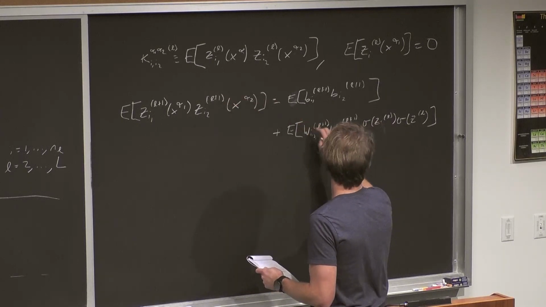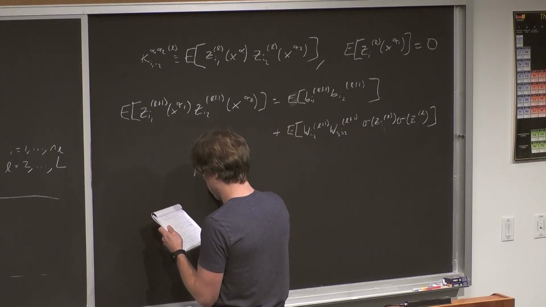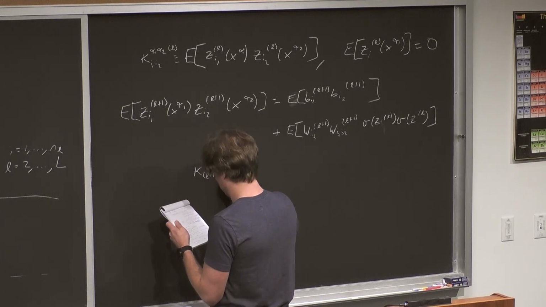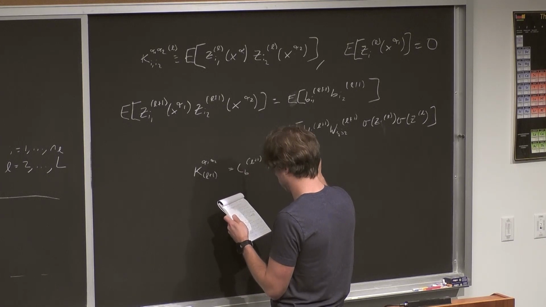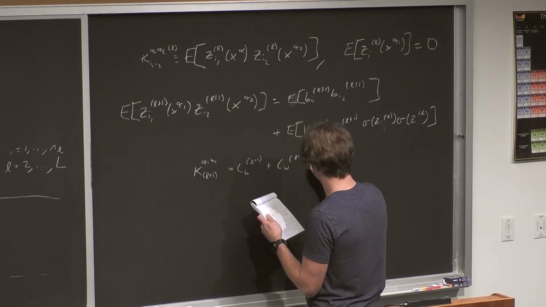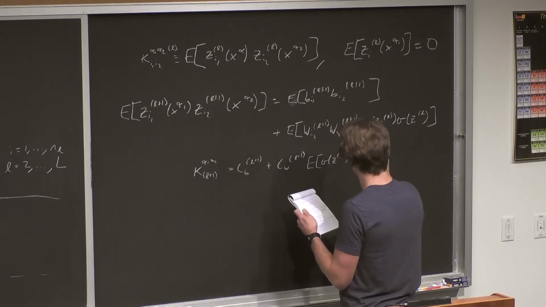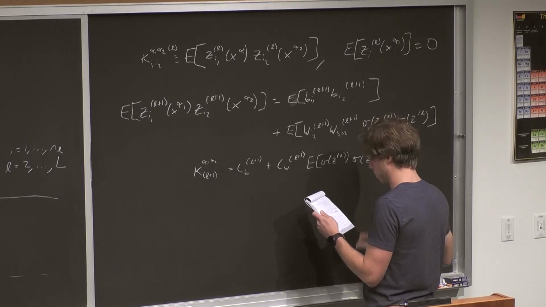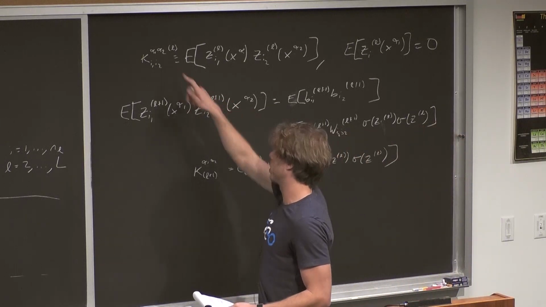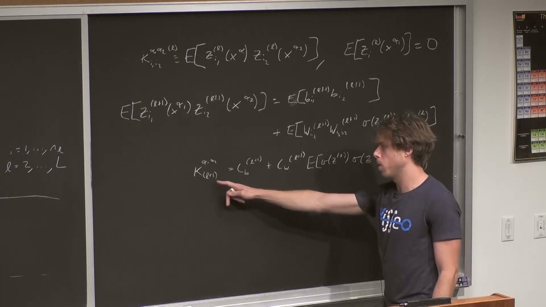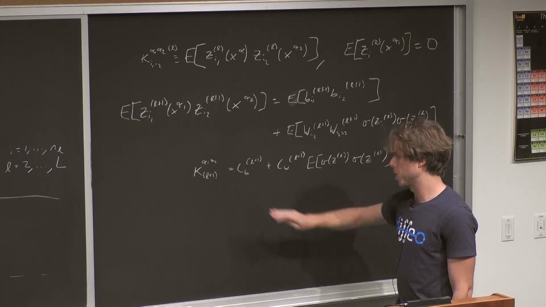And since we know the weights are independent, we're going to get a final relationship, which is that the kernel at the next layer is given by this expression, where this is an expectation value over the kernel at layer L. So the kernel at the next layer for the Gaussian process depends on the kernel at the previous layer and on the scales of the correlations of the bias and the weights.